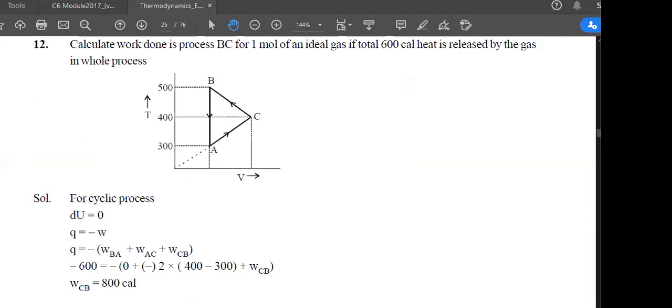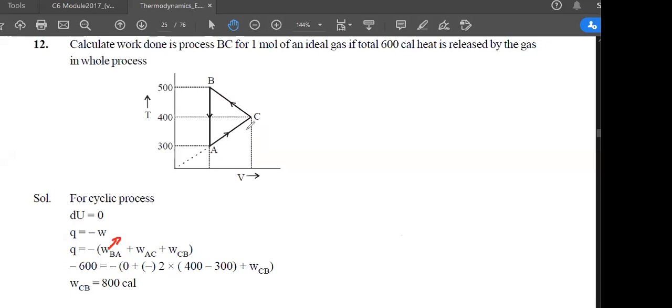Since Q is equal to minus W, Q is already given because it is said that 600 is released. Released means it will be negative. So you have to understand the problem very clearly. That's why it will be minus 600. Work done by BA is 0, as I have told you. Work done in AC.